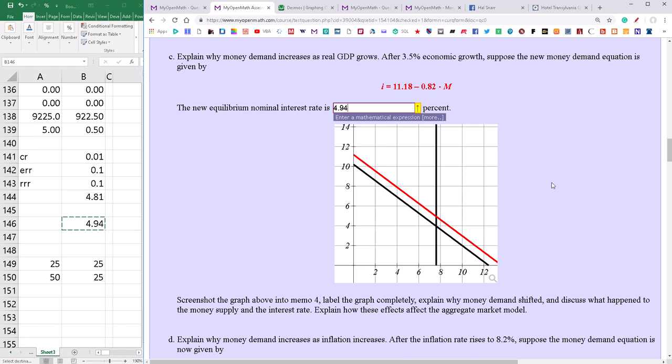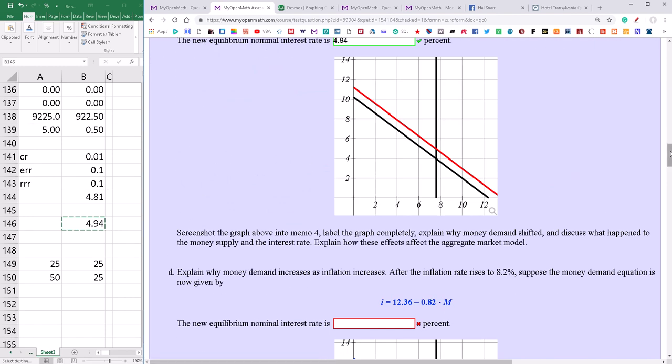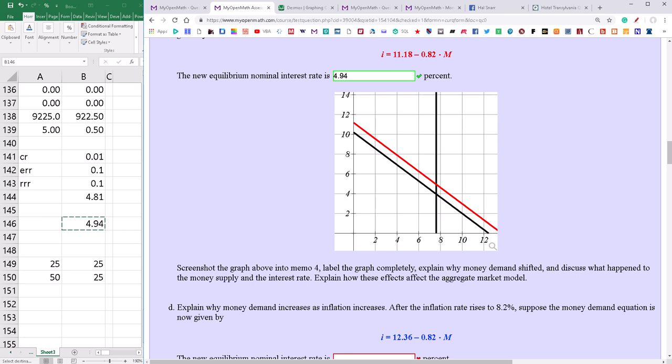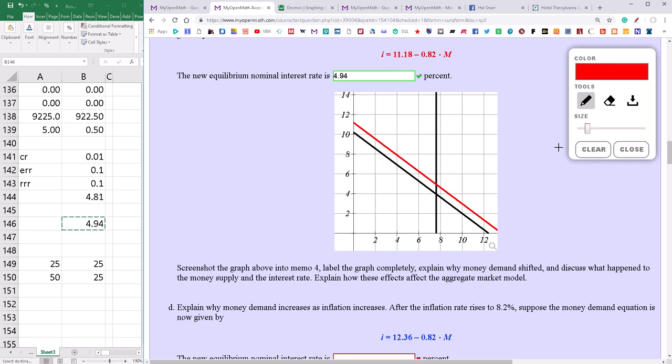Okay. And we need to graph that. So let's go ahead and graph it. So money demand, not today, but in one period from today, right?